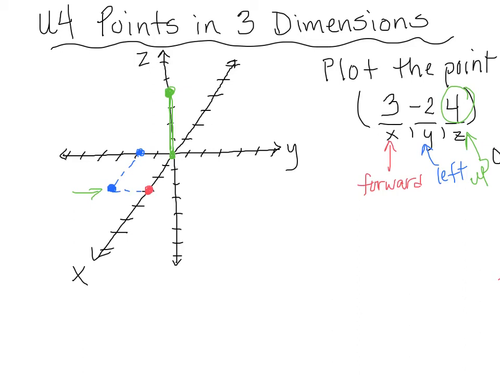And what we're going to do is create a box, kind of like a cube. And this is like the back wall. So this also needs to have a height of 4. Okay, so that's the back side of this box.